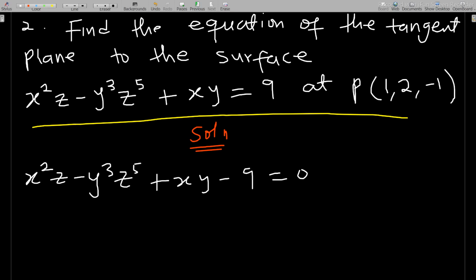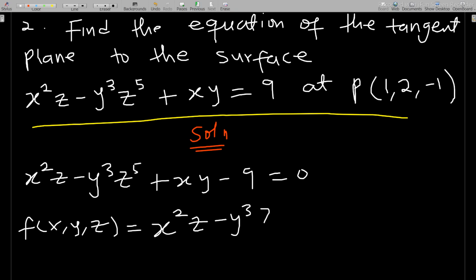And we let f of x, y, z be equal to x squared z minus y cubed z to the 5th power plus xy minus 9.